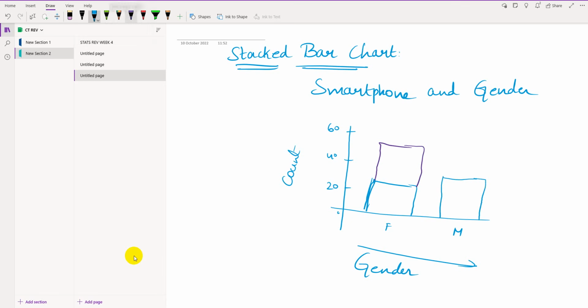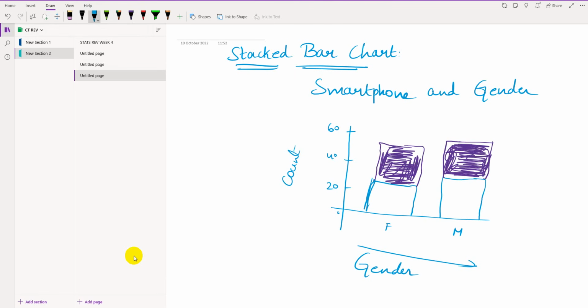See the graph over here, I'm just drawing with a rough hand. So these many people are there who don't have the smartphone in males. These many people are there in the females who don't have the smartphone. So this is how we will do it.